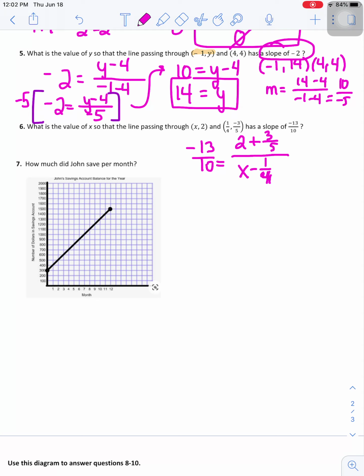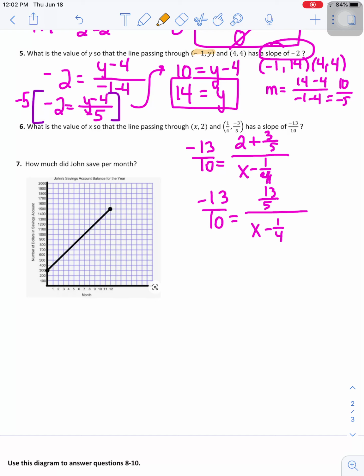It might be easier to do that. Let's simplify it in this case. So let's keep our negative 13 tenths. And then if you take 2 plus 3/5, if you think of 2 as 10/5, then 10/5 and 3/5 is 13/5. And then here we have x minus 1/4.